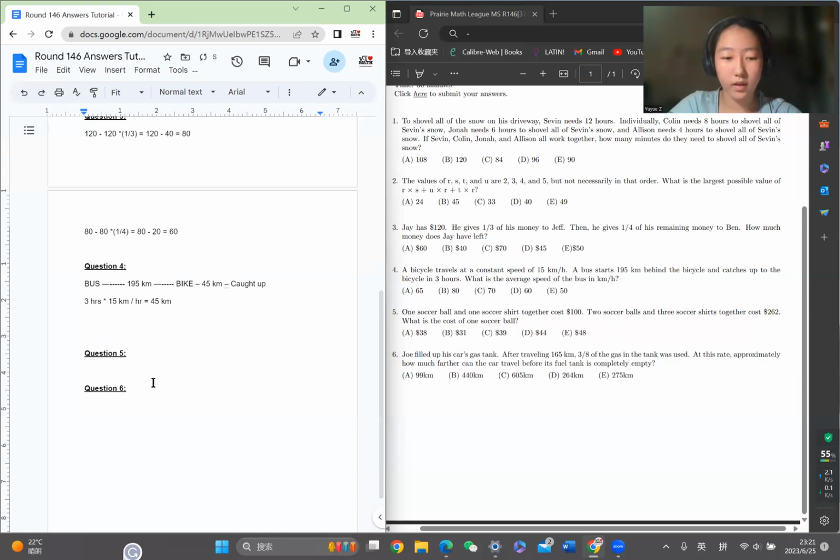So once we know this, the total distance that the bus travels in 3 hours is 195 kilometers plus 45 kilometers equals 240 kilometers. 240 kilometers divided by the amount of time, 3 hours, equals 80 kilometers per hour.